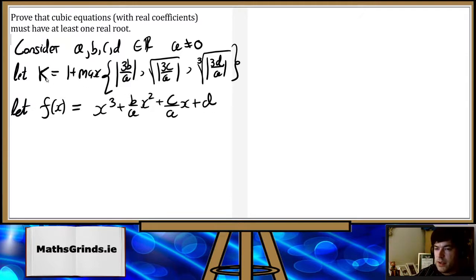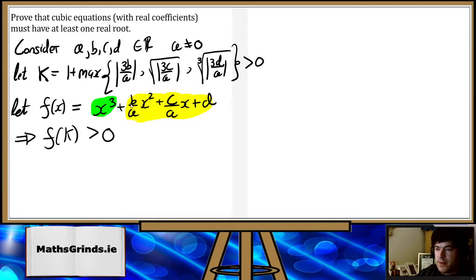Because of how I constructed the k, it would mean that f of k, which by the way is positive, would end up being positive. What will happen is that this piece here will be bigger in size, more positive than whatever this could be potentially as a negative number.